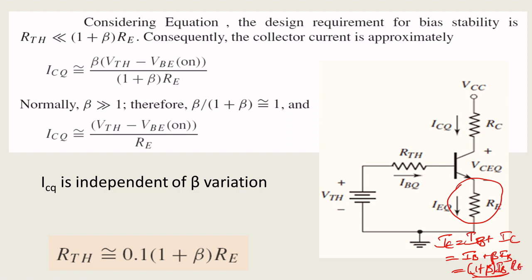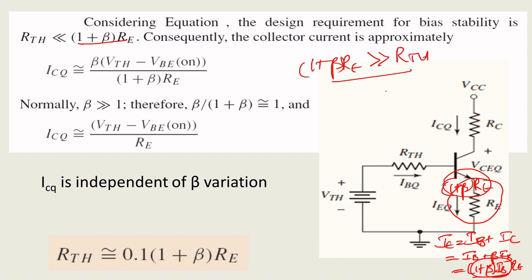So what is the resistance across this circuit? That is 1 plus beta times of RE. That is the resistance, right? So that's what is written. 1 plus beta RE should be greater than RTH. That means 1 plus beta RE should be much greater than RTH. If you maintain this condition, loading effect can be minimized.